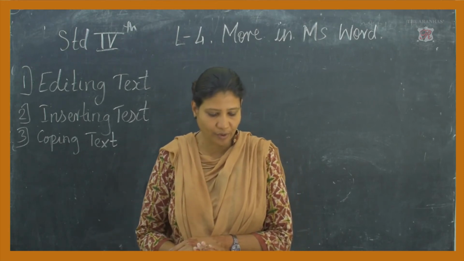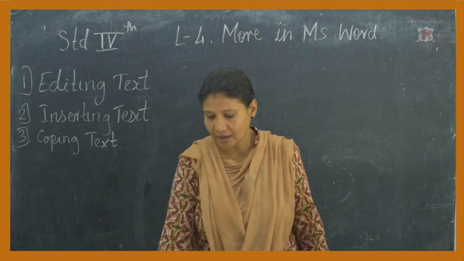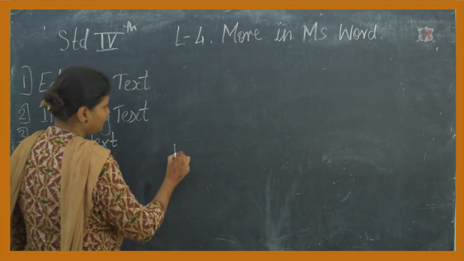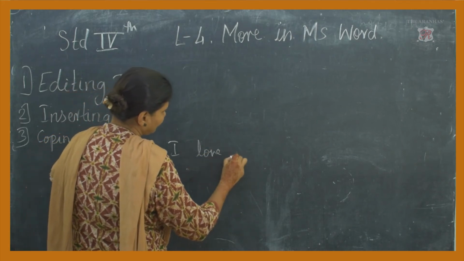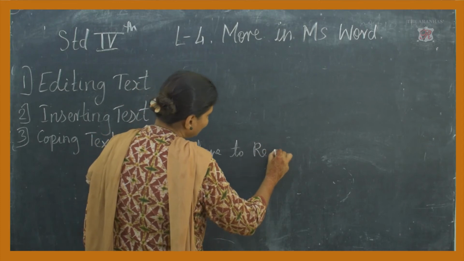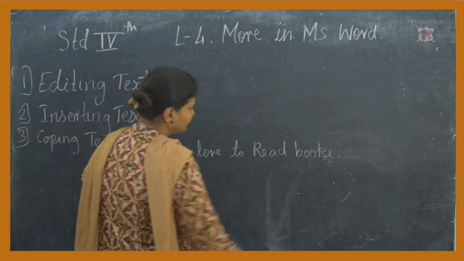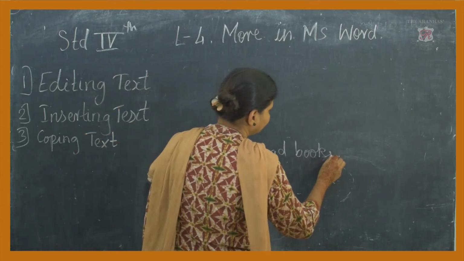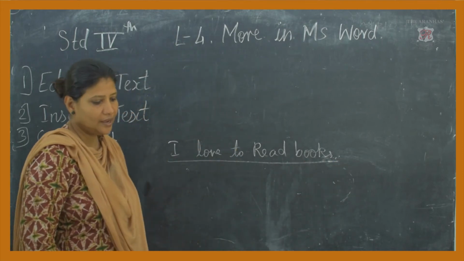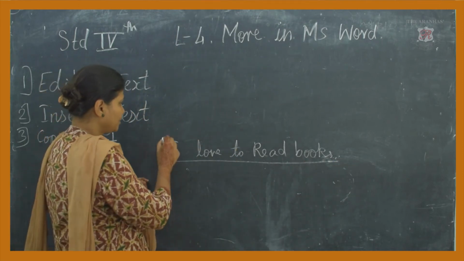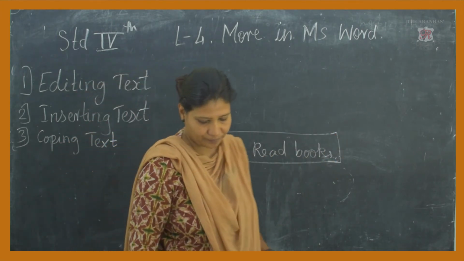Sometimes you are required to write a word or a sentence multiple times. For example, here I am writing: I love to read books. I want this sentence 20 times. What will I do? I will copy this text and paste it down.